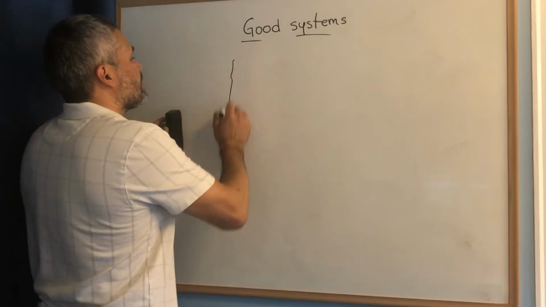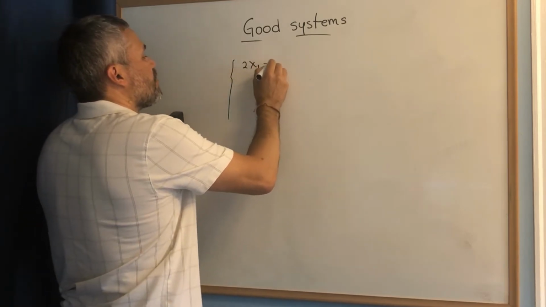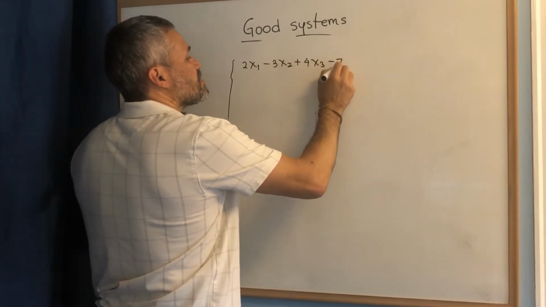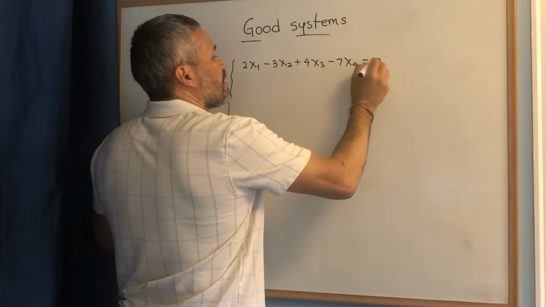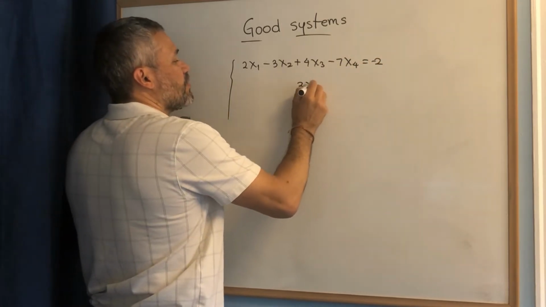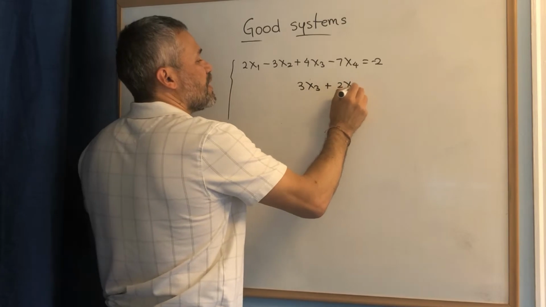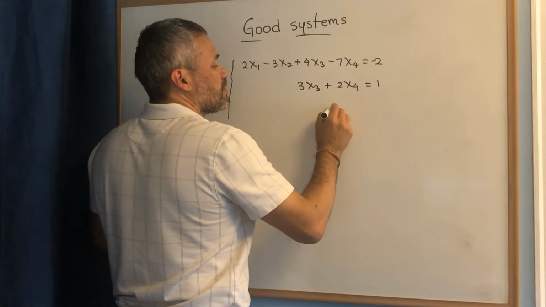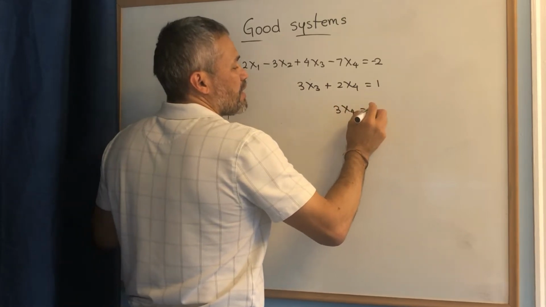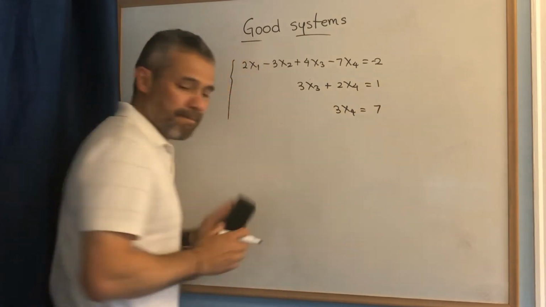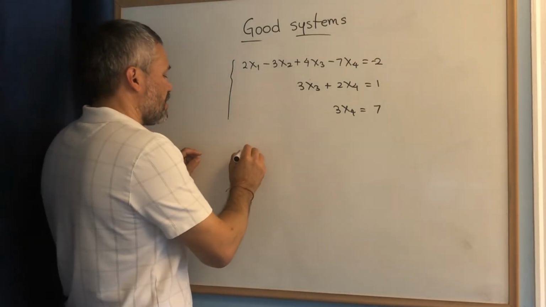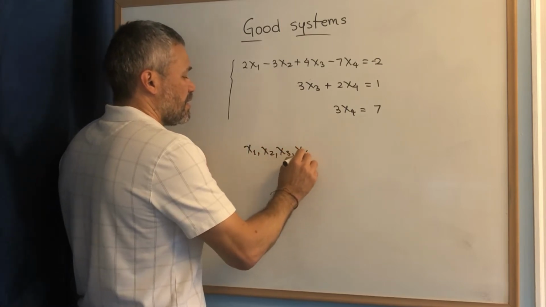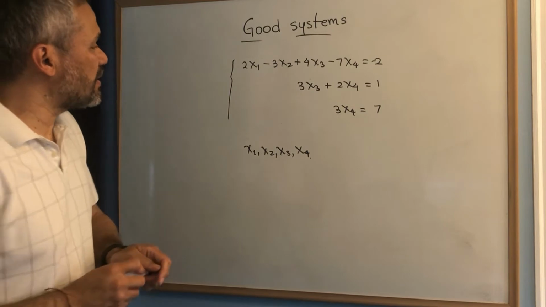A system like this, 2x1 minus 3x2 plus 4x3 minus 7x4 equal negative 2, 3x3 plus 2x4 equal 1, and 3x4 equal 7.